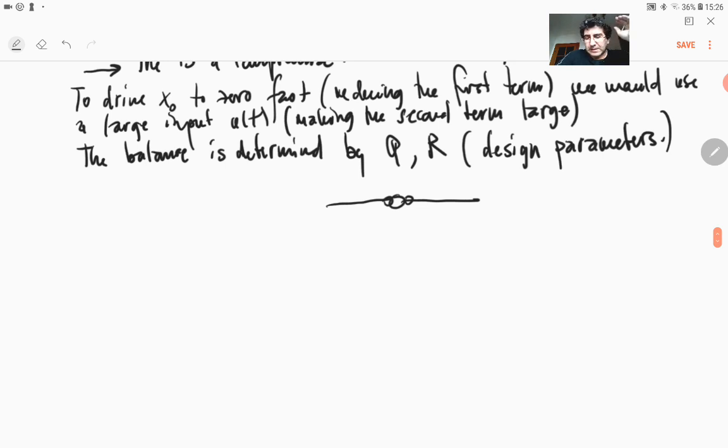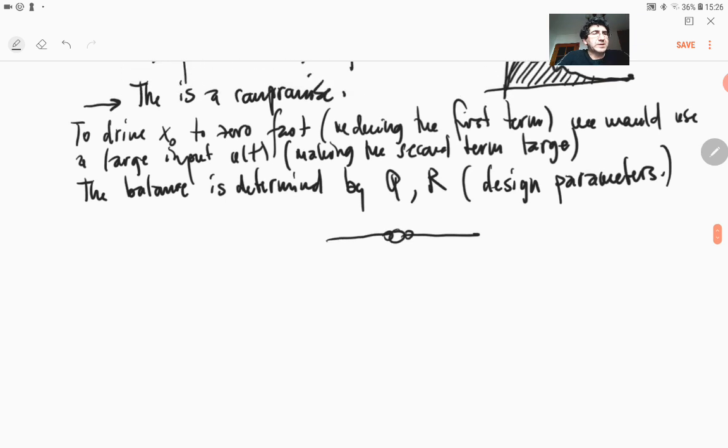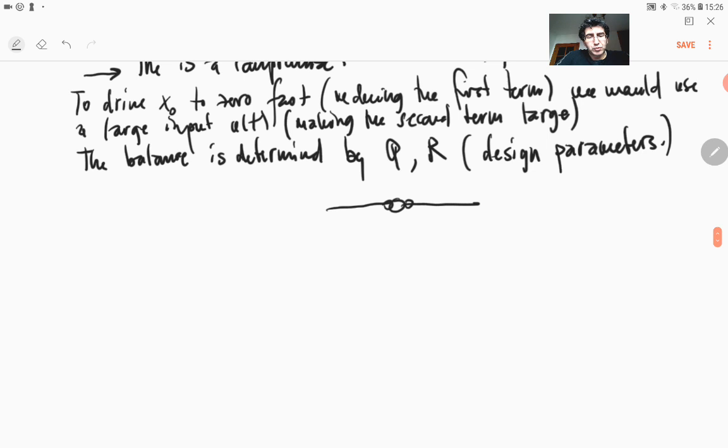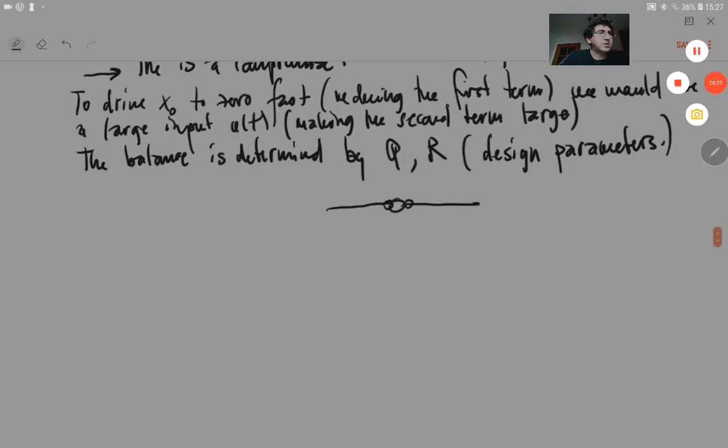But since we don't know about this branch of mathematics at this point, we will go through an example and do some clever tricks in order to find a solution for our problem. That's going to be the topic of the next video.